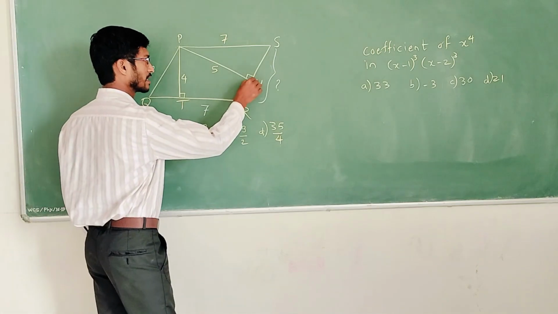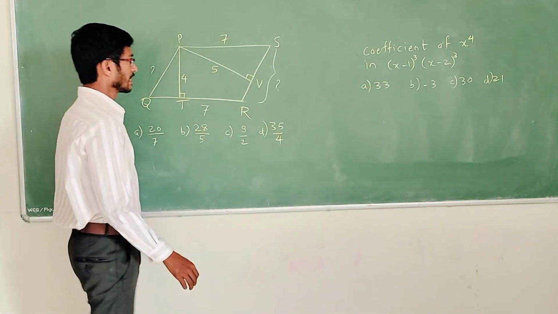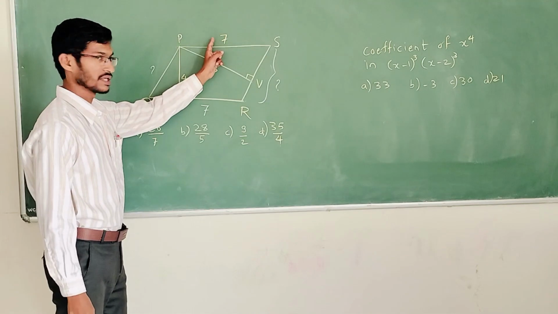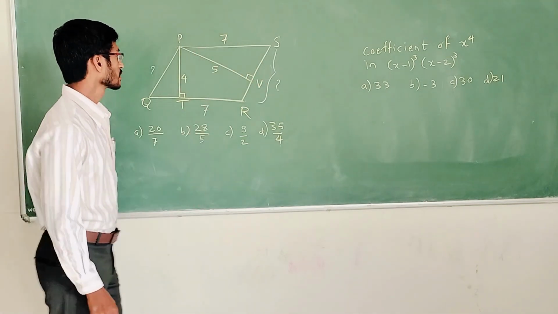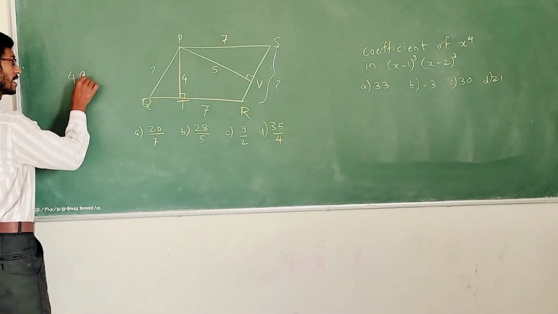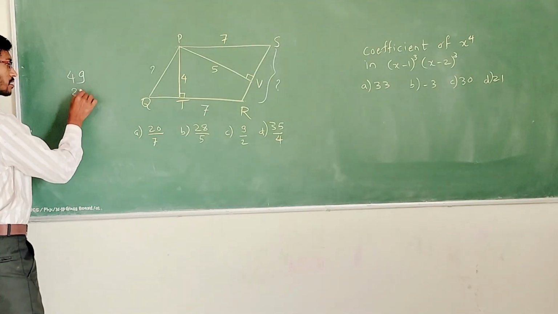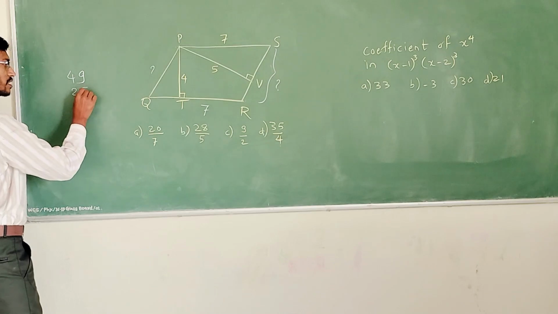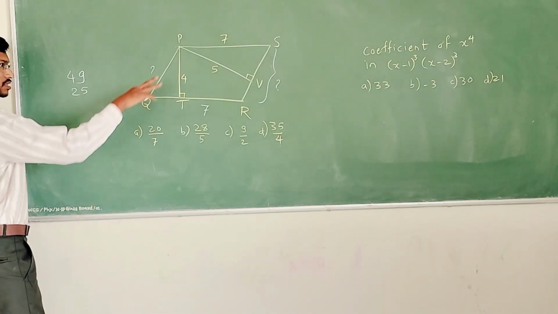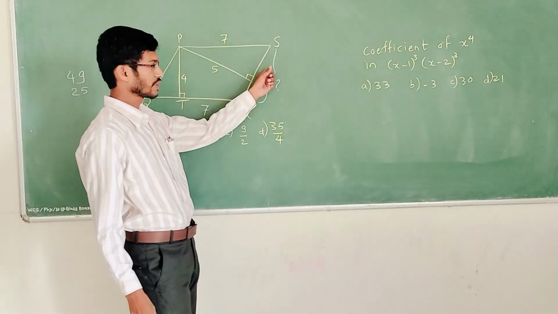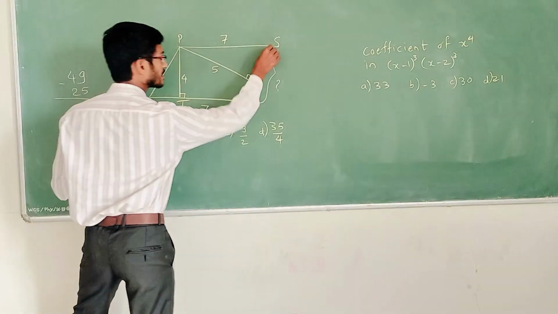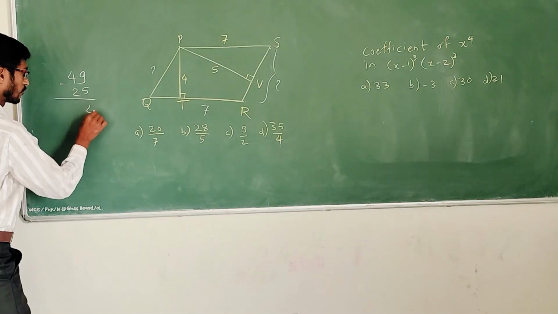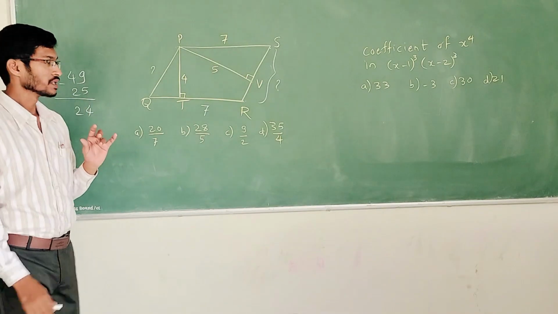This is the right angle, so this is my diagonal, and therefore the square of this is equal to the square of this plus the square of this. So the square of 7 is 49, the square of 5 is 25. So the remaining must be the square of the side SV. So we get 24, right?